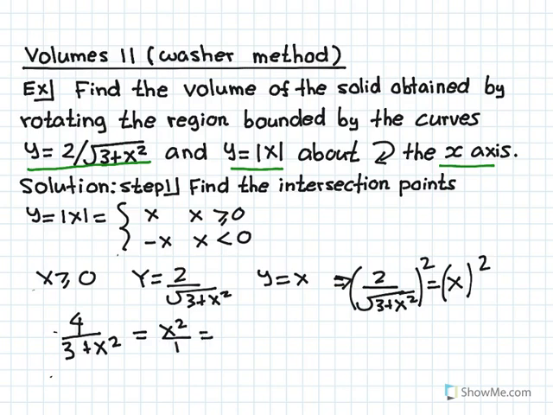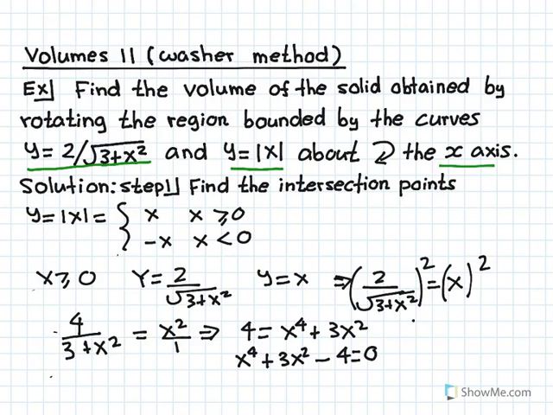Let's cross multiply, and we're going to get 4 is equal to x to the fourth plus 3x squared. Now this is a fourth degree polynomial. We don't have a formula for it, but we're going to guess for the value of x that makes this expression equal to 0. Let's bring everything to one side. We have x to the fourth plus 3x squared minus 4 equals 0.